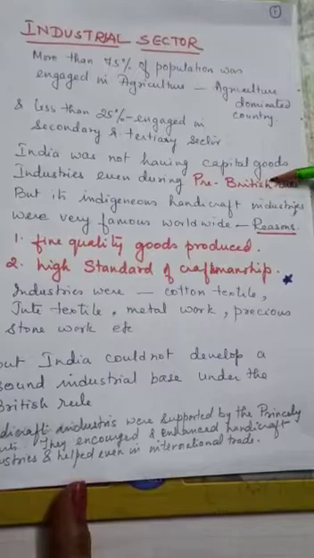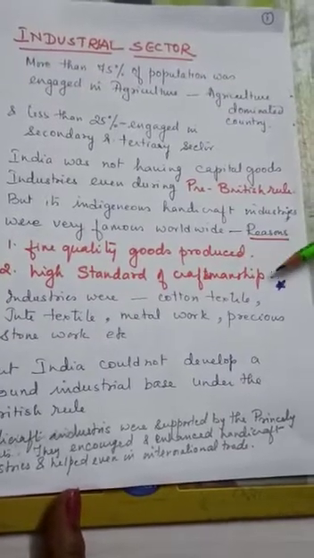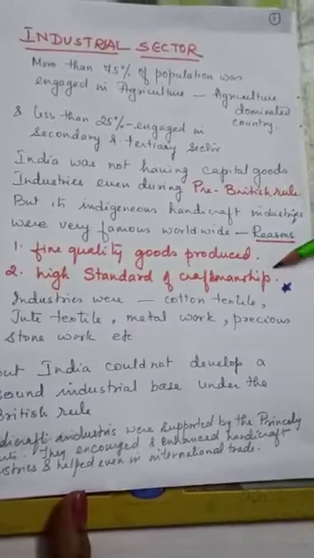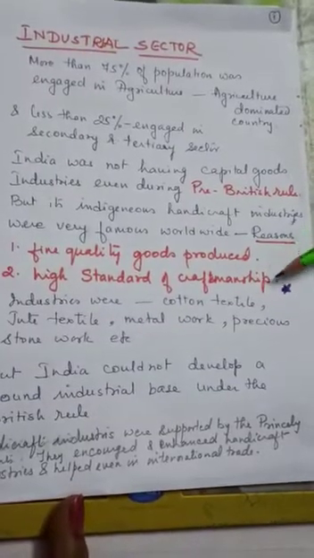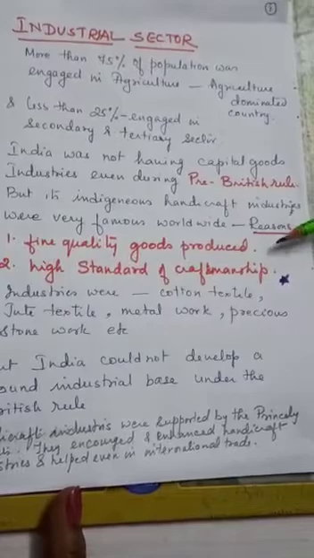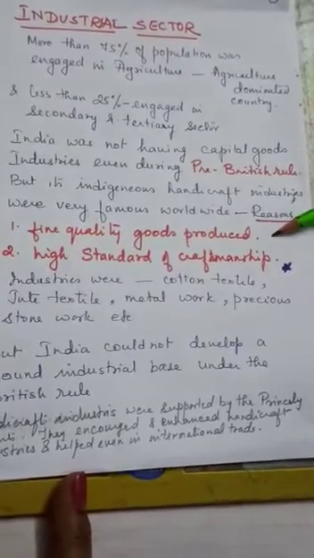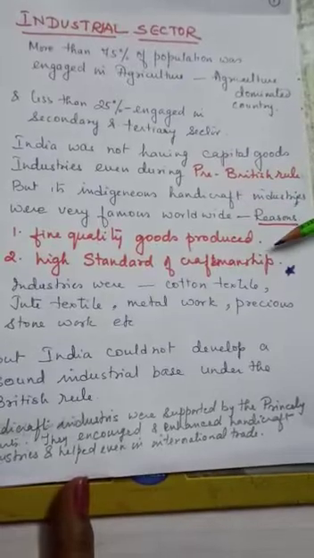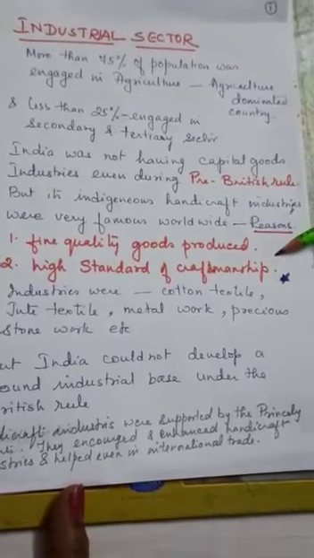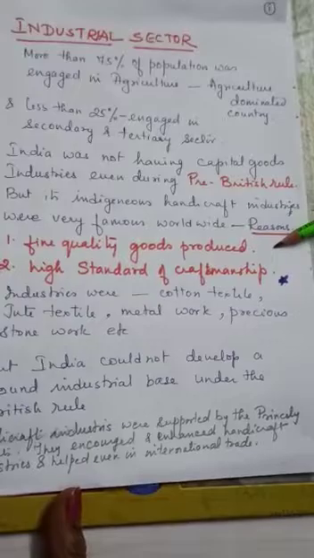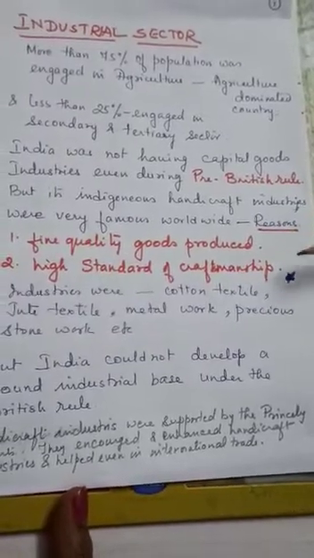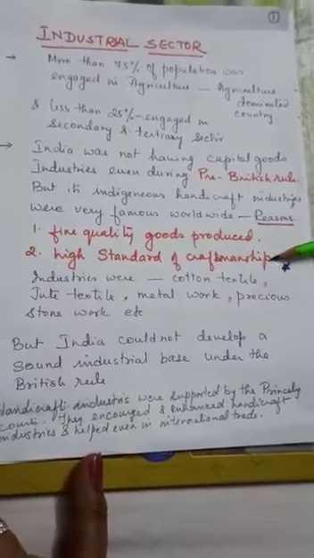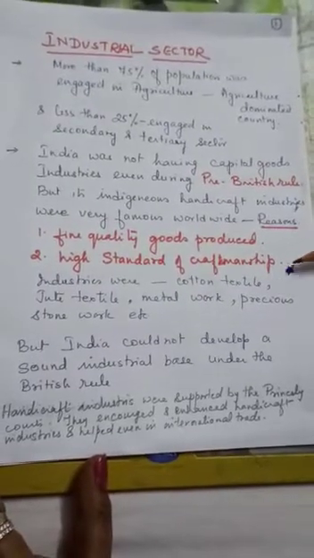Before the Britishers, India was ruled by Rajas, Maharajas, Nawabs, etc. And they encouraged and enhanced the handicraft industries, and also helped the indigenous industries to become famous worldwide. They encouraged international trade. And these industries were cotton textile industry, jute textile, metal works, precious stonework, etc.